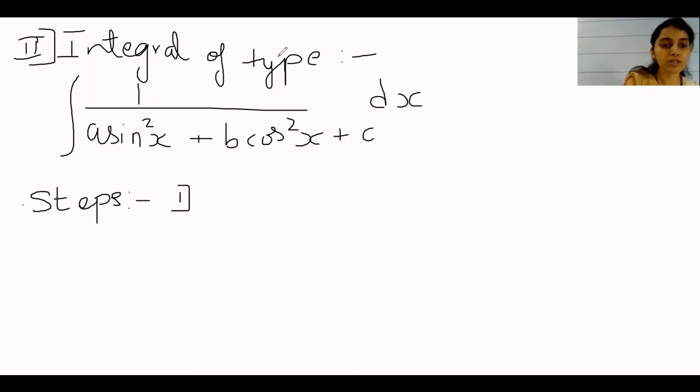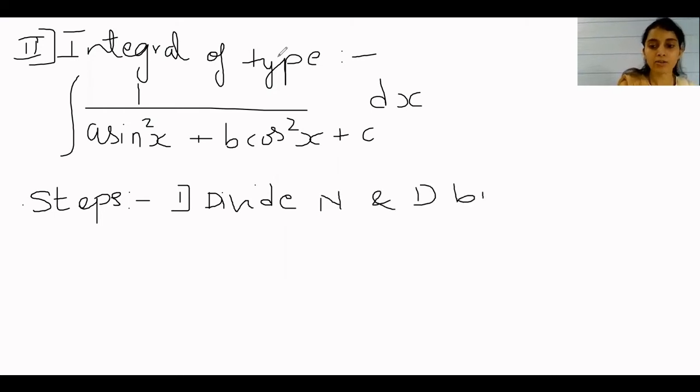The first one: divide numerator and denominator by cos square x or sine square x.